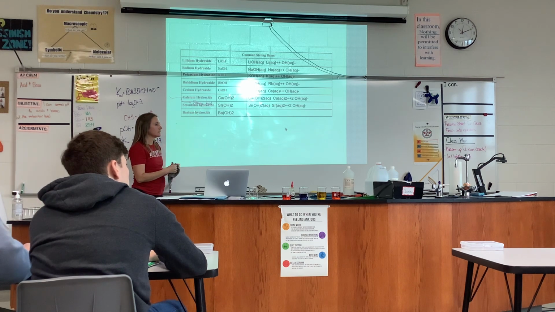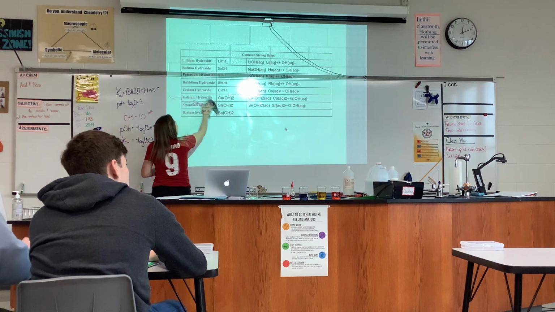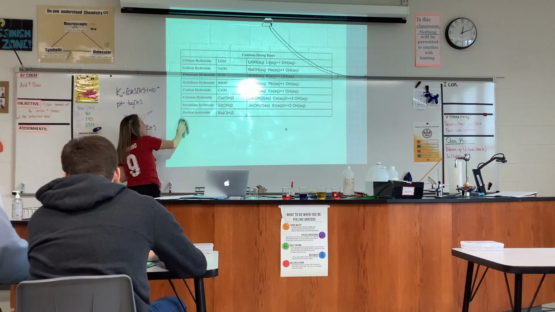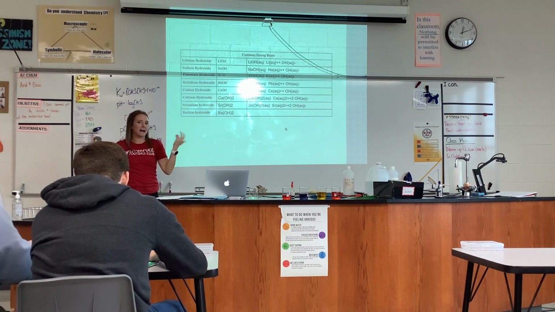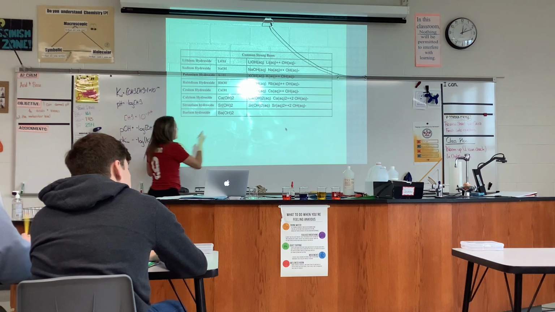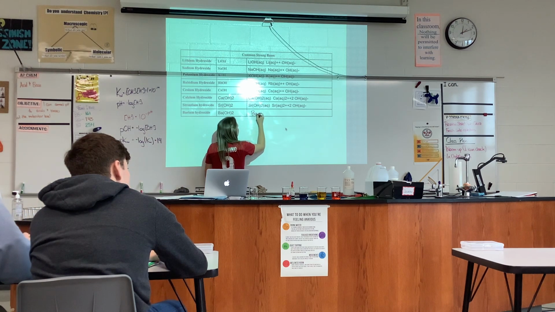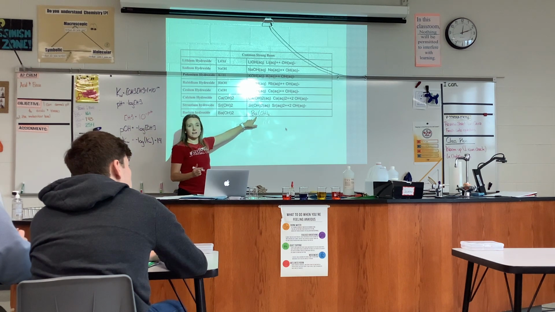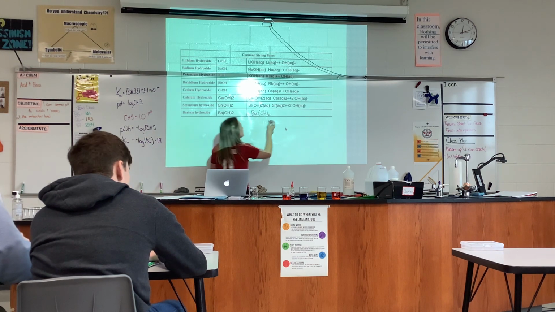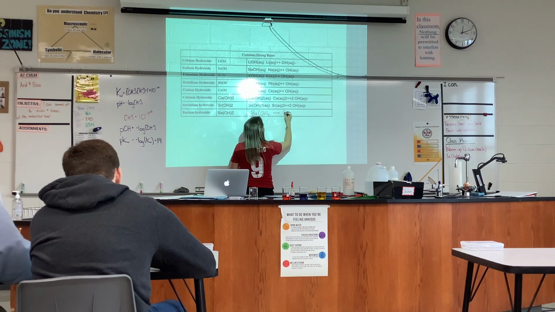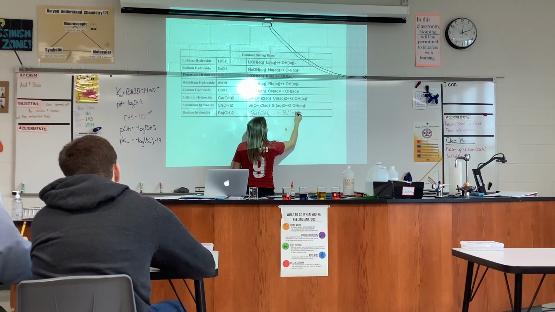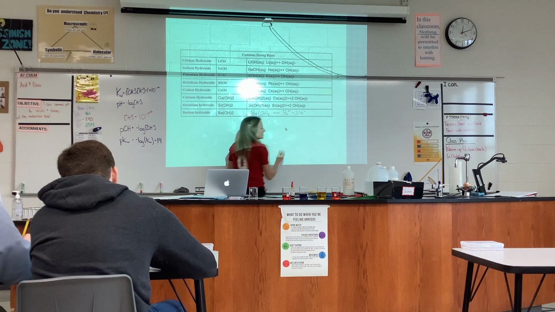What about Be and Mg? Yeah, those smaller ones don't do the full ionization, so they're not strong. But what we see here is a similar theme: when something is strong, it's going to completely dissociate.